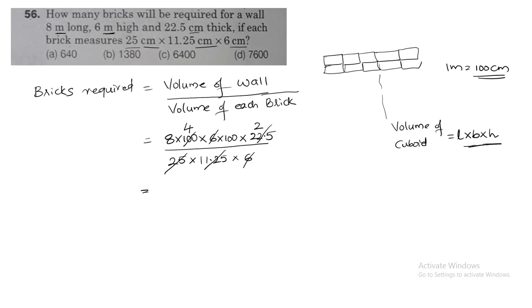I have 8 into 4 into 100 into 2 divided by 1. Now 8 twos are 16, 16 fours are 64. So 64 into 100 gives me 6400. So these are the number of bricks required to construct that wall.